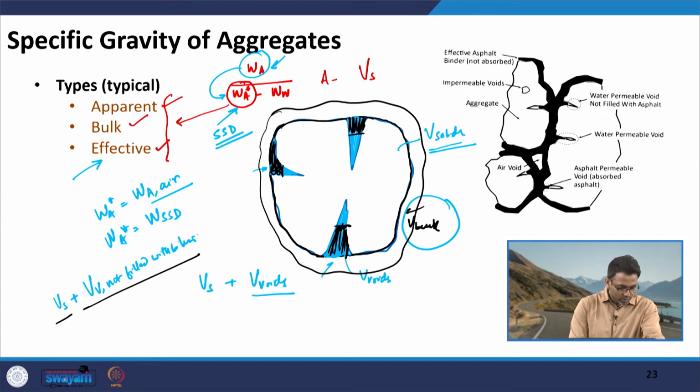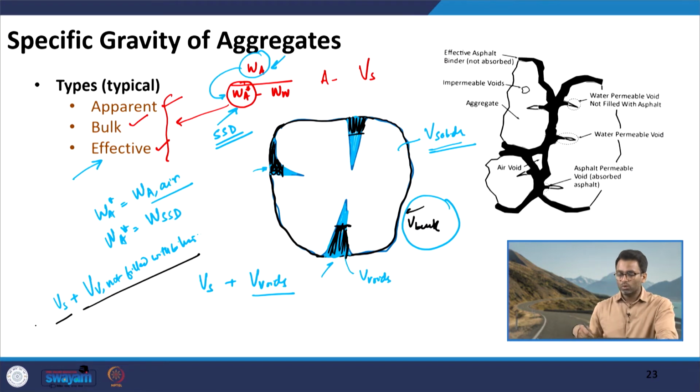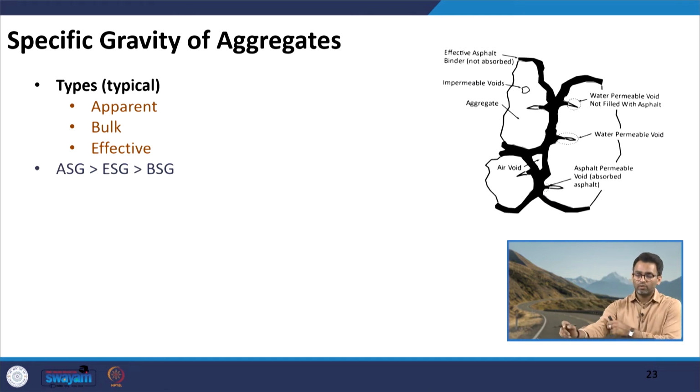That is why it is not very easy to experimentally assess the effective specific gravity of the aggregates. We will talk in detail when we discuss the mix design, but I hope the concept of apparent, bulk and effective specific gravity is clear to you.